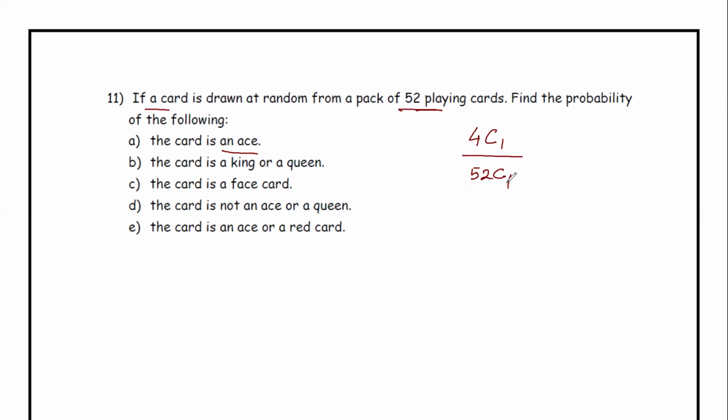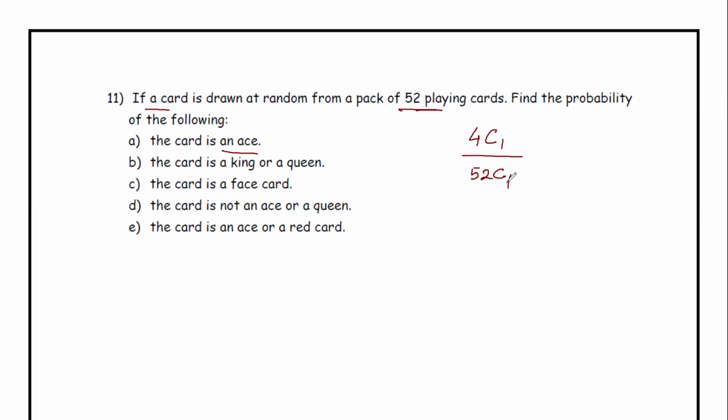Okay, so I'll repeat. We use the second golden rule or second important rule of probability out here: that the probability of an event is favorable outcomes upon total outcomes. So always work with total outcomes first. Total outcomes here means if I am drawing a card at random, how many ways can I do that? 52C1 ways of drawing a card at random.